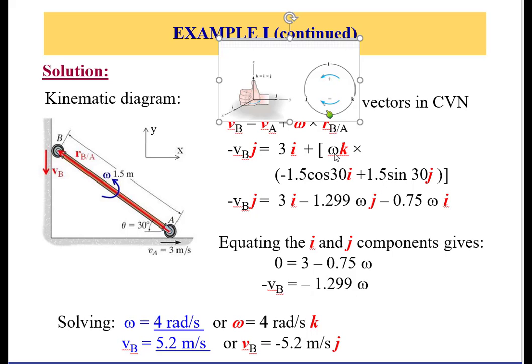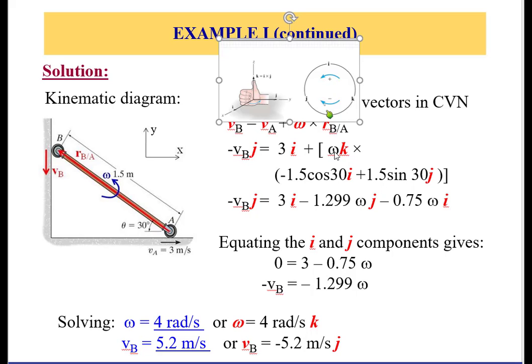First of all, the scalar quantity goes outside, and for the vectors use the right-hand rule. So omega multiplied by negative 1.5 cosine 30 multiplied by k cross i. A k cross i is a positive orientation, so it produces a positive j.